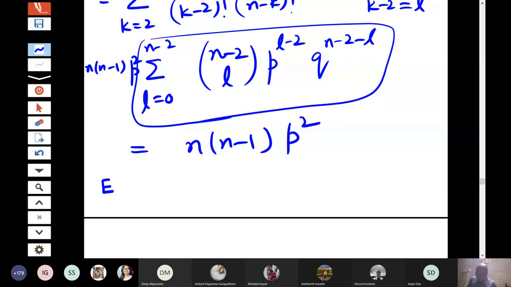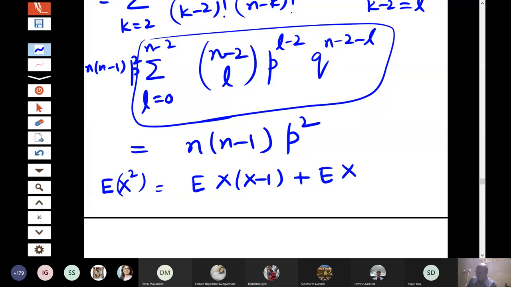So the expectation of X square is the expectation of X into (X minus 1) plus the expectation of X. That is n into (n minus 1) p square plus np.